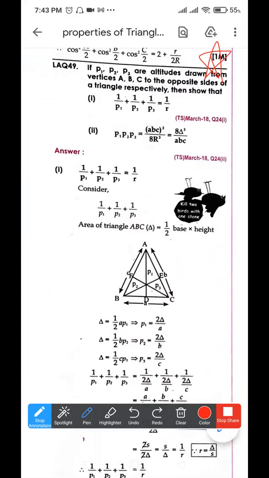If P1, P2 and P3 are altitudes drawn from vertices A, B and C to the opposite sides of the triangle respectively, then show that 1 by P1 plus 1 by P2 plus 1 by P3 is equal to 1 by r is your first part. And second part is P1 P2 P3 is equal to (ABC) whole square by 8R cube, which is also equal to 8 delta cube by ABC.